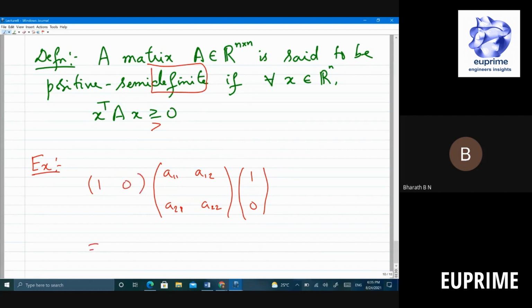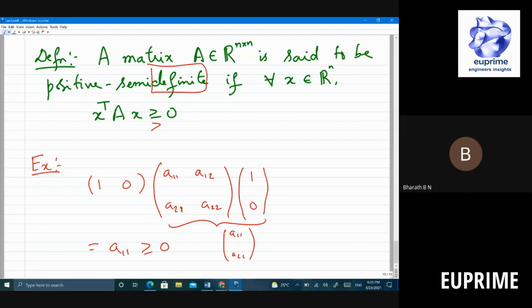When I multiply this, I'll get A11. But what is our definition? It says it should be greater than or equal to 0. So A11 should be greater than or equal to 0.